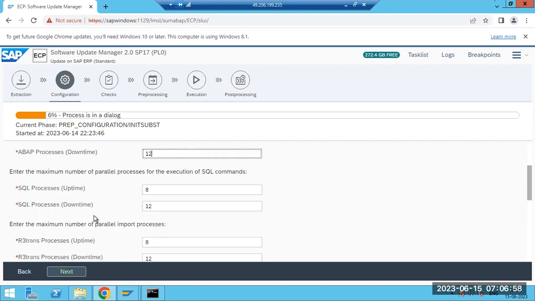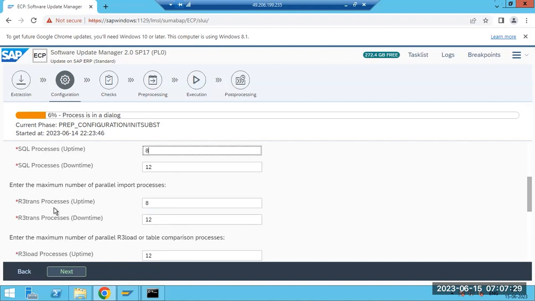812 is taken by default. Enter the maximum number of parallel SQL commands, meaning uptime SQL processes, and also downtime SQL processes, same as R3trans and R3trans D. The tool will automatically calculate this configuration depending on your CPUs.